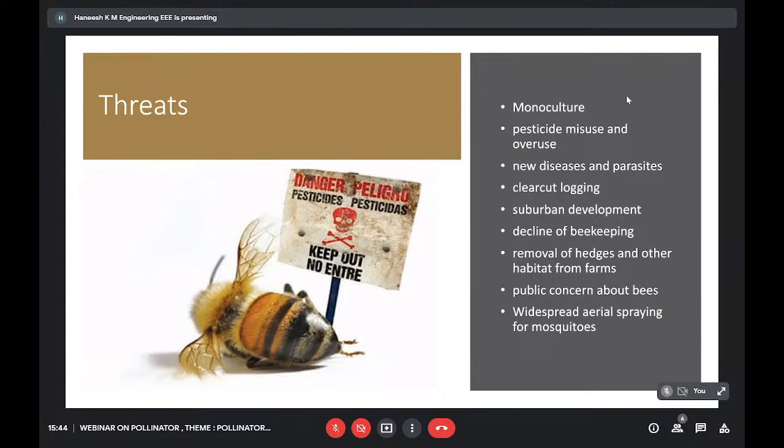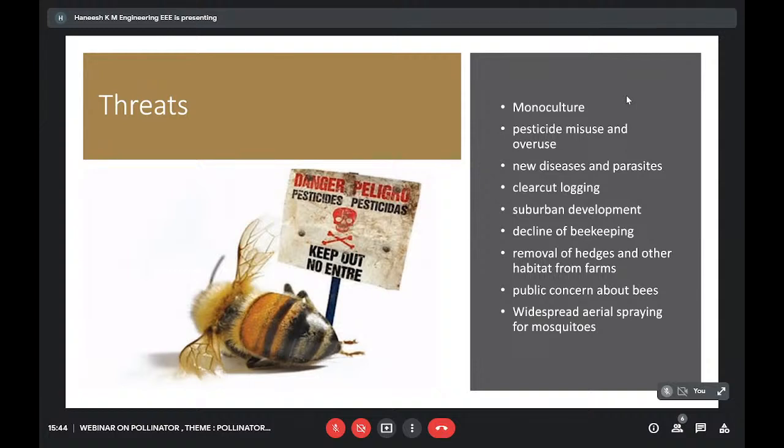In all the other months of the year there may not be sufficient food, so the bees will be struggling to survive, especially when you are planting in a larger area. So this monoculture is a big threat for the insects.